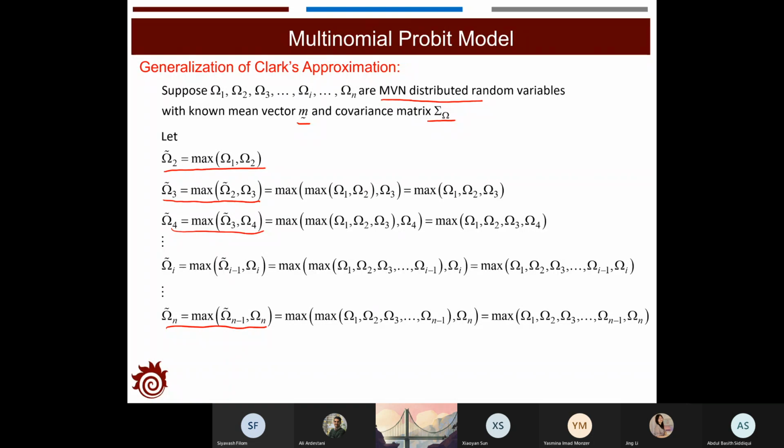So with that, you can get the distribution for the maximum value of n variables. And once you know the distribution for this maximization problem, you will be able to find out the probability of choosing any one of the alternatives in the selection set.